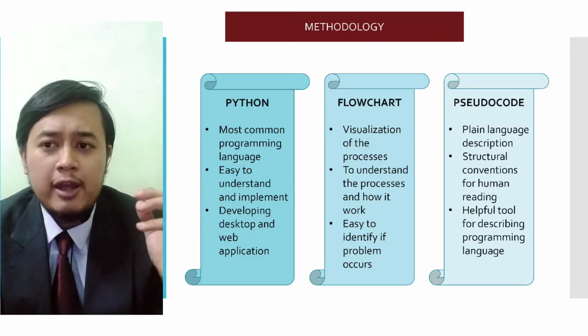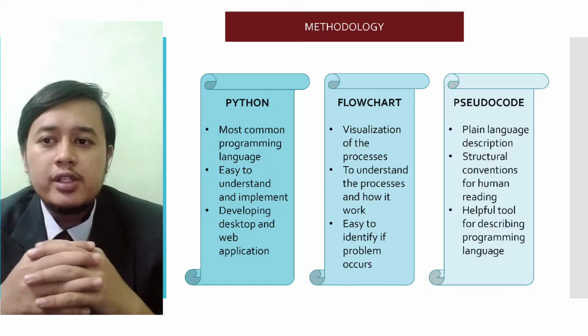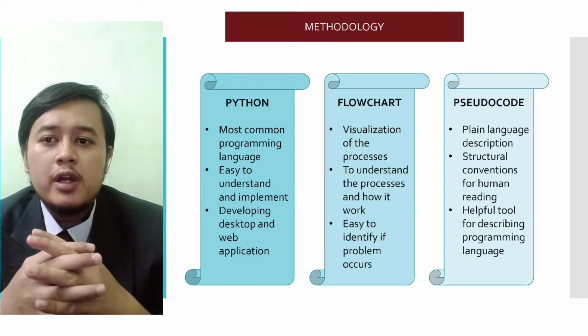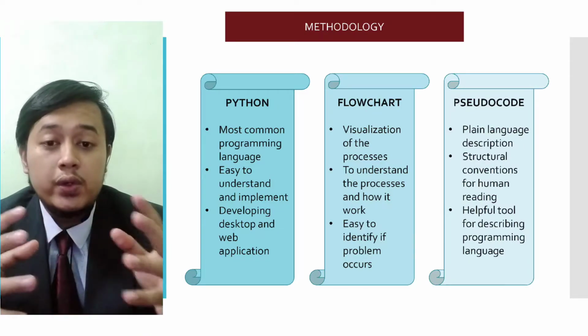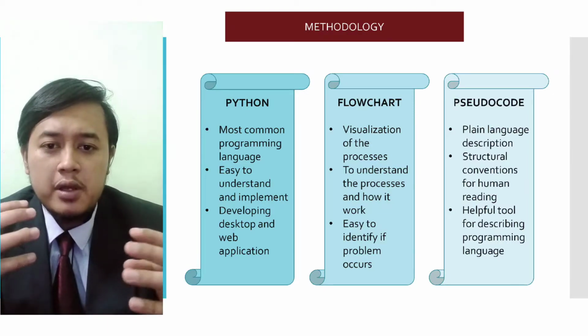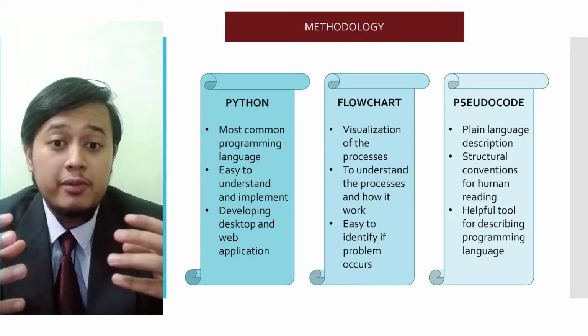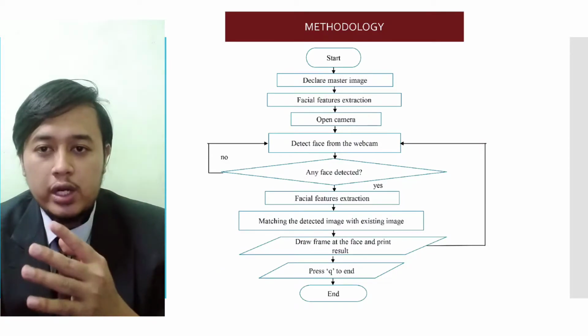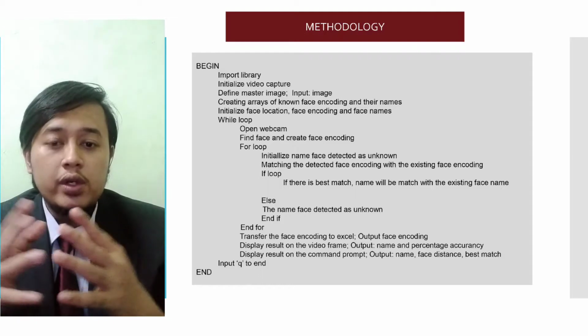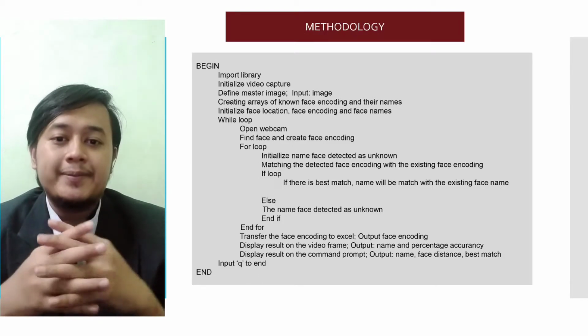Pseudocode is a very helpful tool for describing the logic of the programming language. The pseudocode can simply brief about the program flow. So this is the example of the flowchart and the pseudocode of this program.